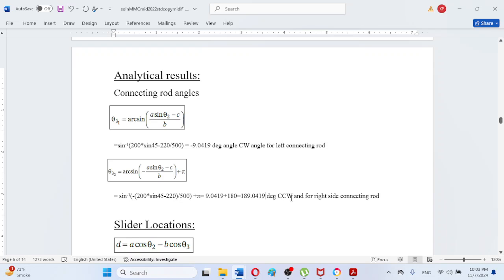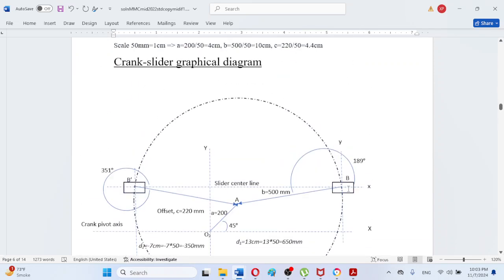So that will be counter-clockwise. As we can observe here, this angle is 189. So this is the graphical result, that is mentioned here.